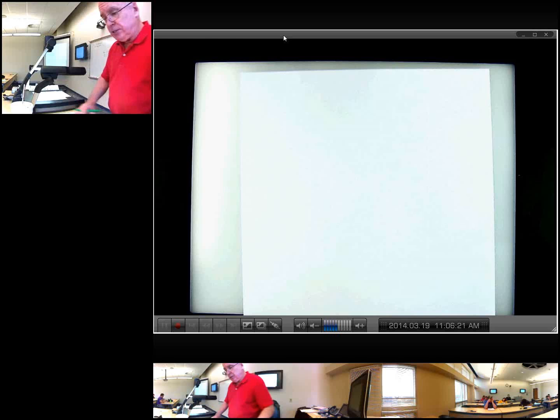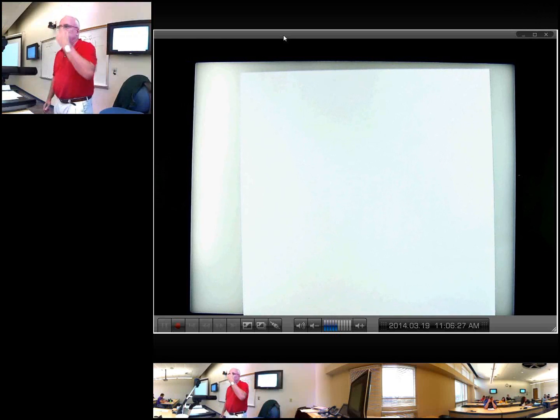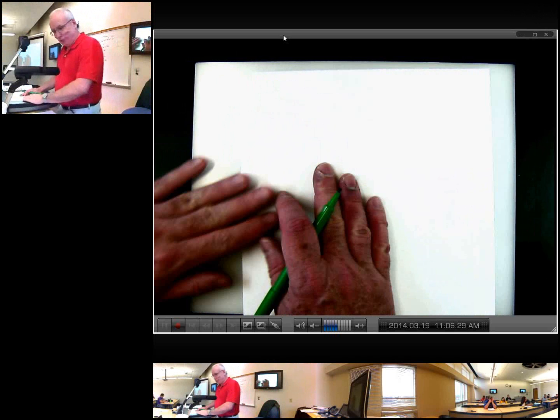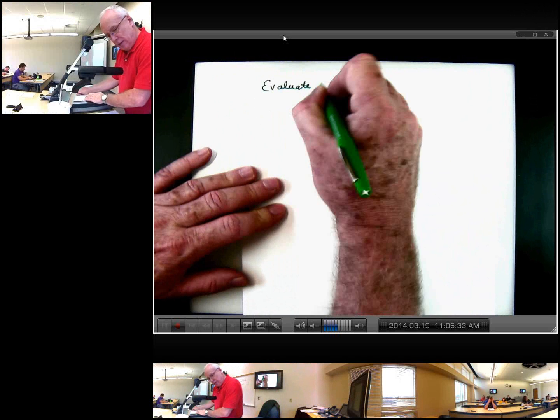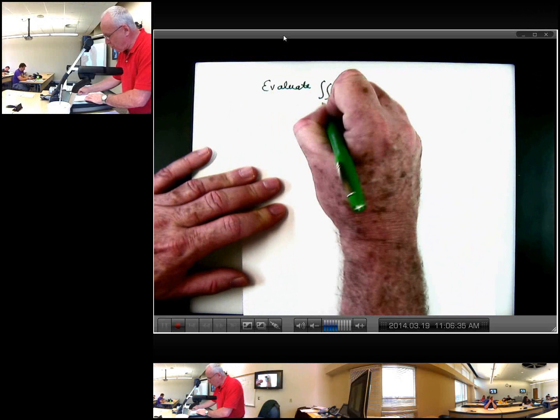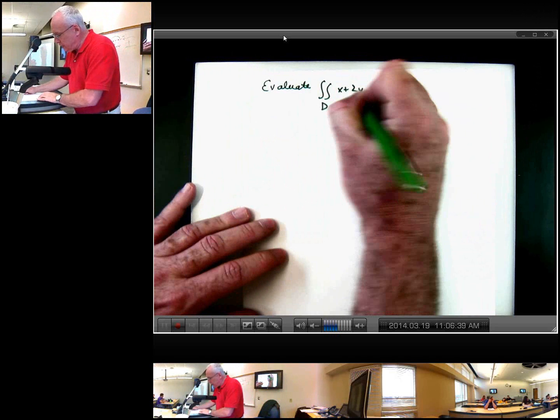And one thing I will say with some of these problems is that the arithmetic can rapidly become just ugly. But there's not a whole lot I can do about that. Okay, evaluate the double integral over region D of x plus 2y dA.